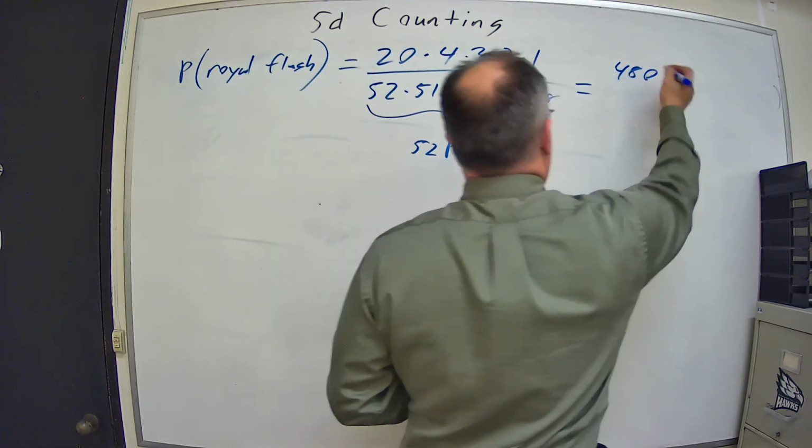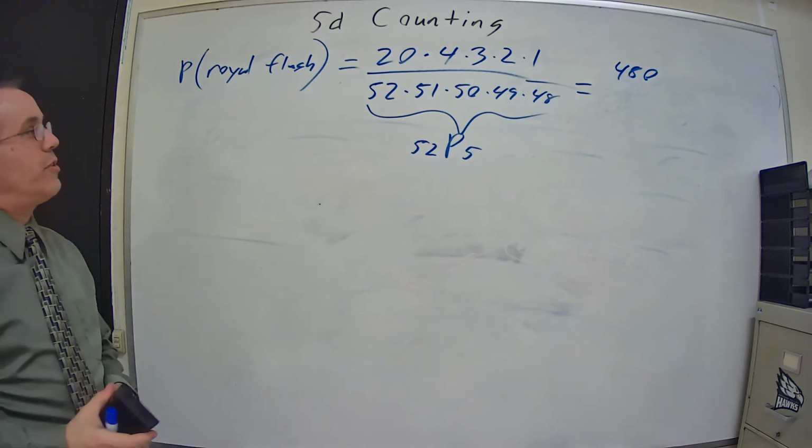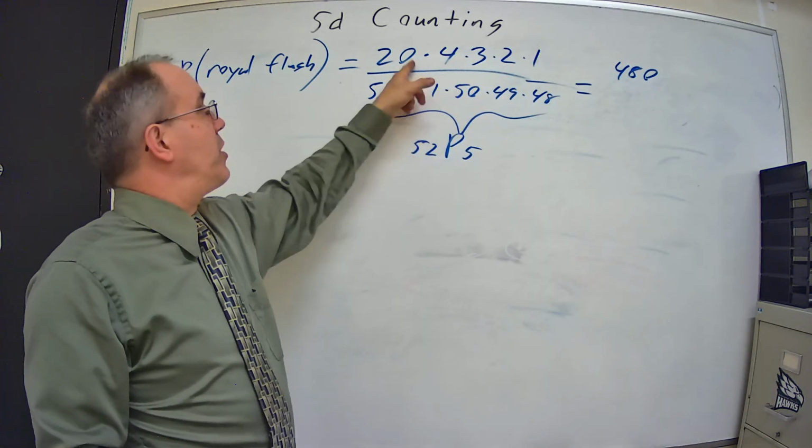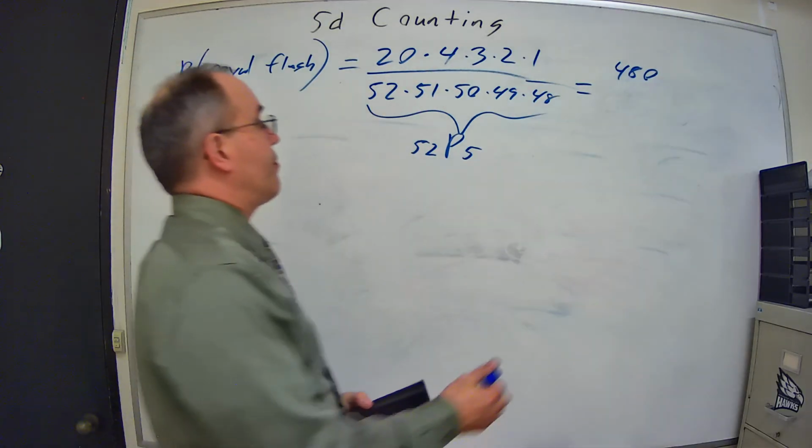The top should be 480: 20 times 4 times 3 times 2. 6 times 4 is 24, 24 times 20 is 480.